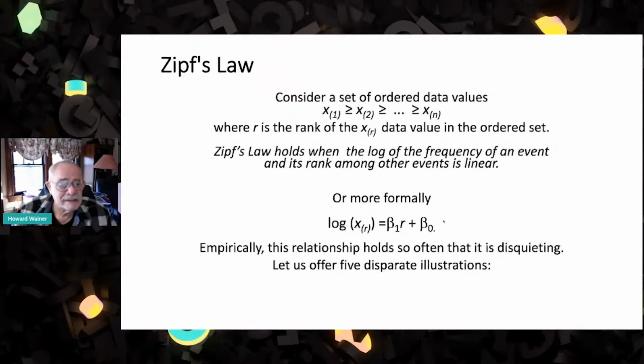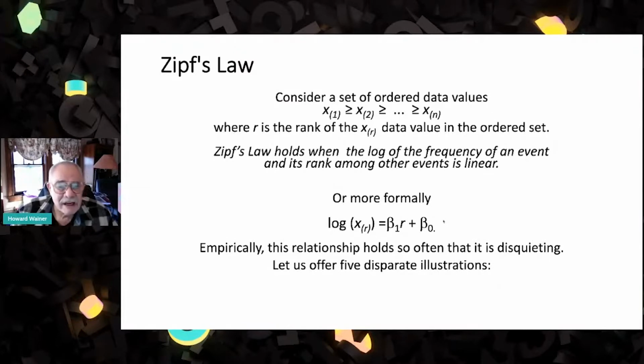First, let me tell you about Zipf's law. It was formulated by George Kingsley Zipf in the middle of the 20th century. He was a linguist, and he was studying the use of words in various languages. And he knew that some words got used a lot and other words get used very rarely. So for example, in English, the and and get used a lot, and words like bitty cat don't get used very often at all.